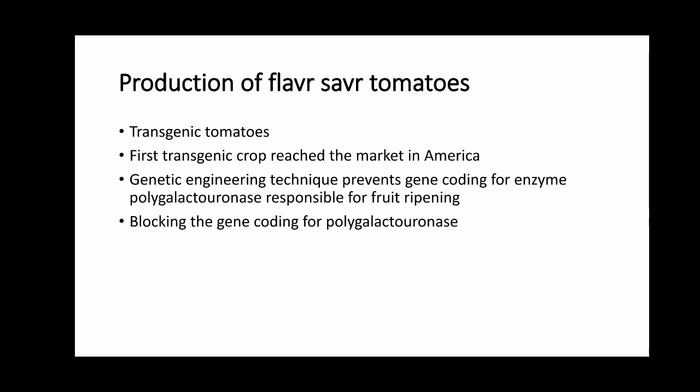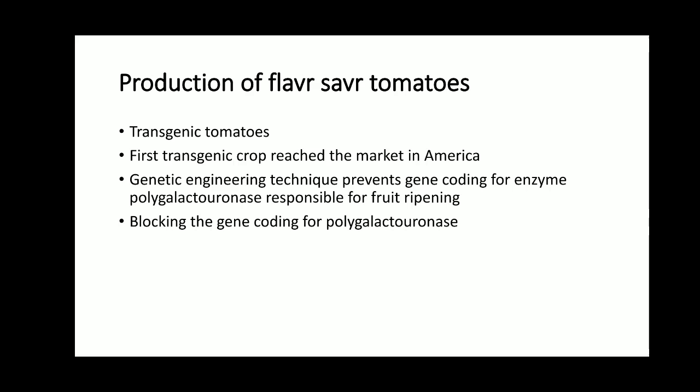Once the cell wall is degraded, the inner fruit gets exposed to microbial action and therefore the fruit gets damaged and spoiled. To prevent that, the biotechnology technique developed is blocking the gene coding for polygalacturonase, which produced firm and fresh tomatoes with delayed ripening, saving the flavor of these tomatoes till they reached the end users.